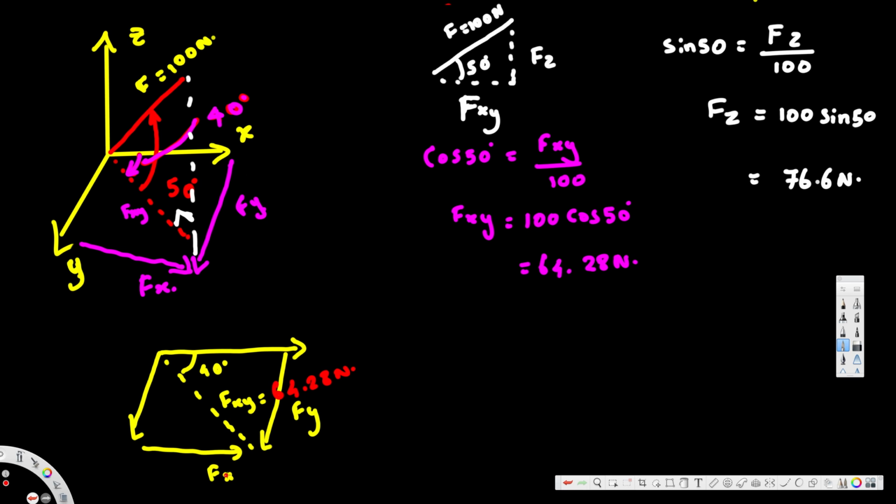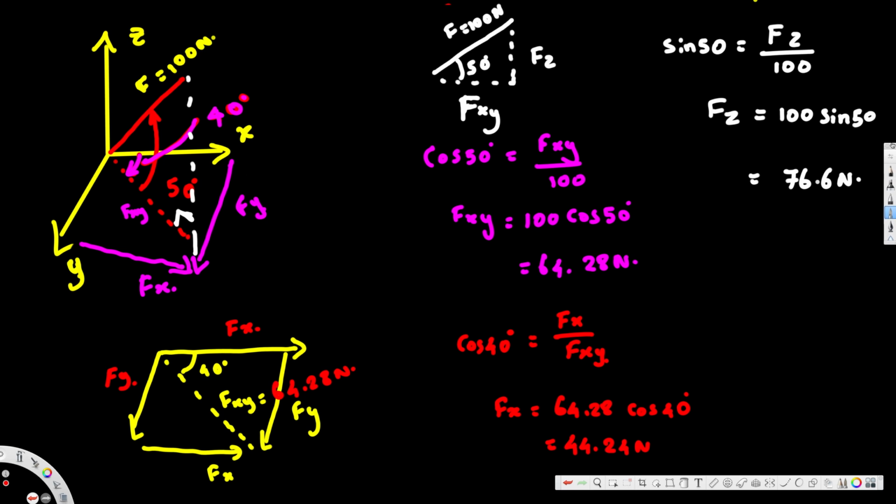If we use cos 40, cos is adjacent over hypotenuse, so fx over fxy. So fx is going to be fxy cos 40, which is 64.28 cos 40. If you calculate this, you're going to get 44.24 Newton.